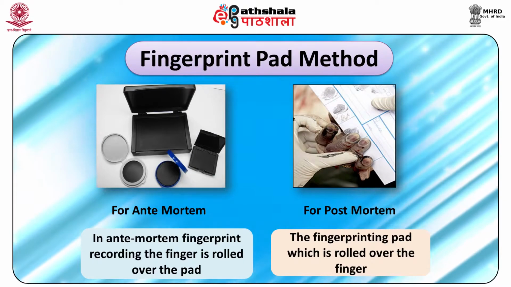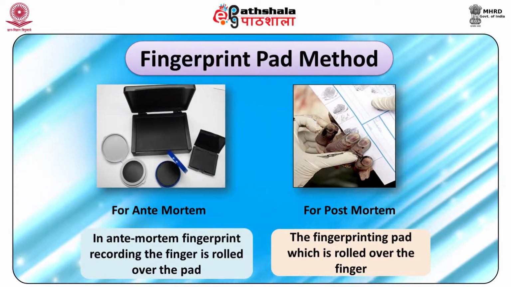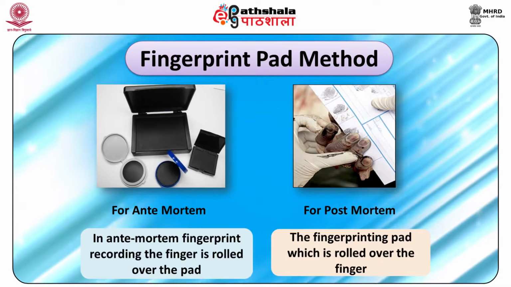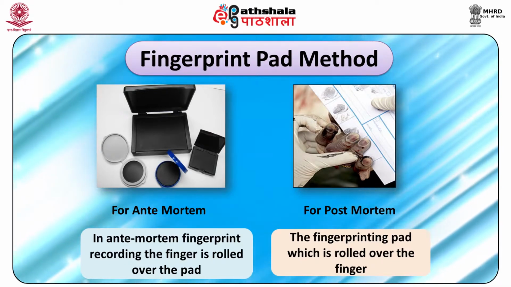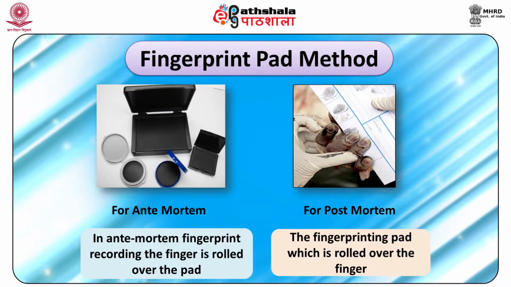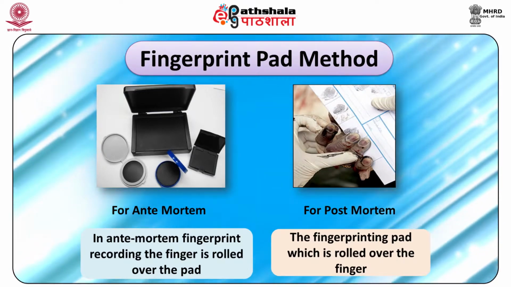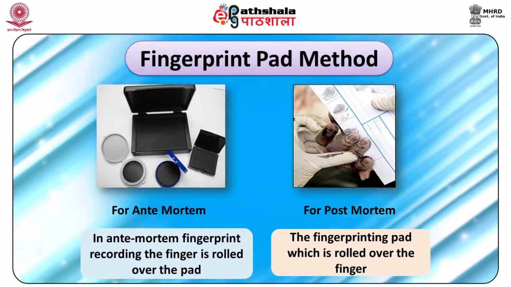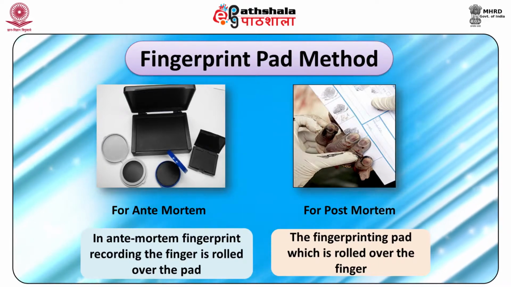As in case of ante-mortem fingerprinting, the imprints of a corpse may be recorded using a fingerprint pad. In ante-mortem fingerprint recording, the finger is rolled over the pad, whereas in post-mortem fingerprinting, it is the pad which is rolled over the finger.